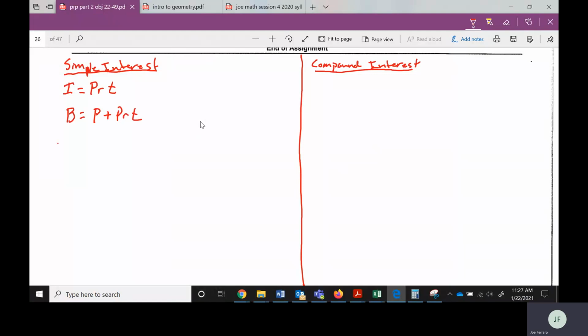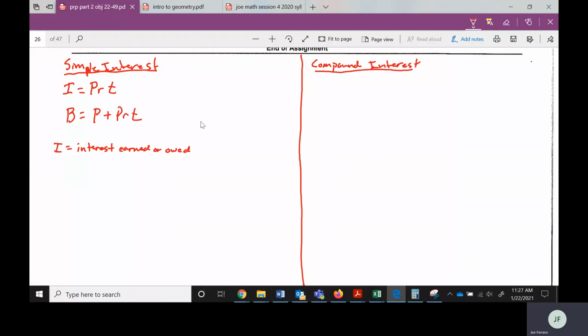The I is going to equal the interest earned or owed.